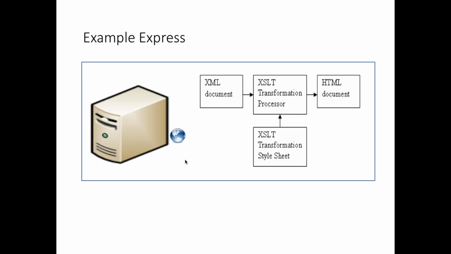So in the end, for the layman and for business users, so that we can understand it in a better way, we need to convert it into a human readable form, which can be HTML. So we have an XSLT transformation processor in Example Express that converts the XML document into the HTML document, provided you have the necessary XSLT transformation style sheets.